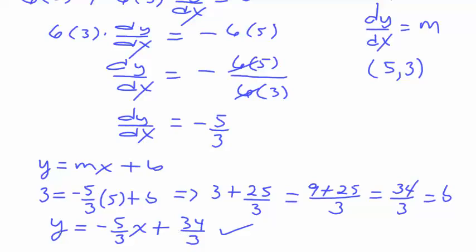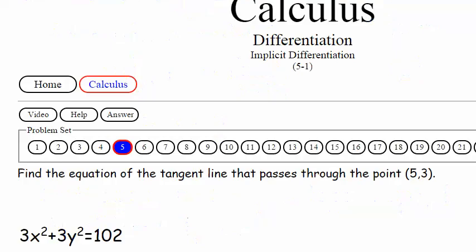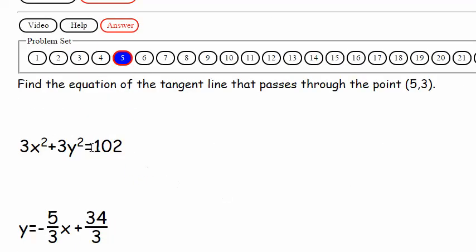Negative 5 thirds x plus 34 over 3. Okay, good. This is matching up this time. Anyway, y is equal to negative 5 thirds x plus 34 over 3.